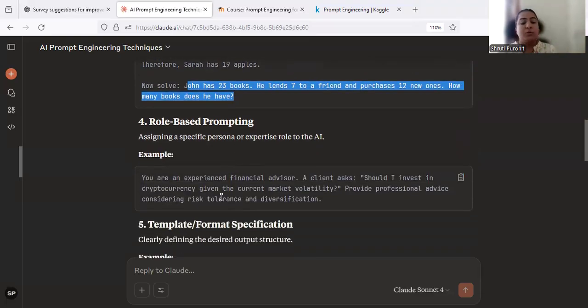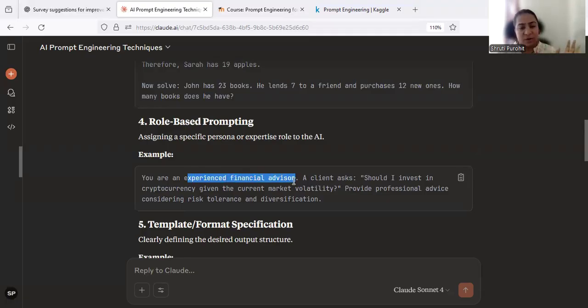Next, role-based prompting, where you are assigning a particular role to the AI. You're an experienced financial advisor. So we are stating to the AI that you are a financial advisor now, and if your client is asking this question, what will your answer be and how will you provide the professional advice, considering risk tolerance and diversification.